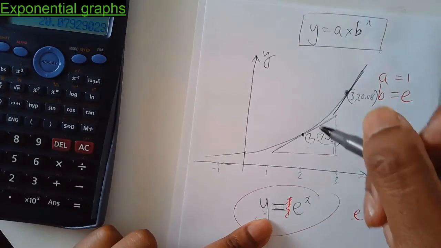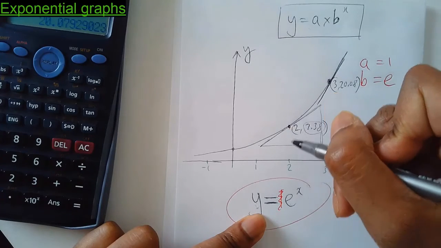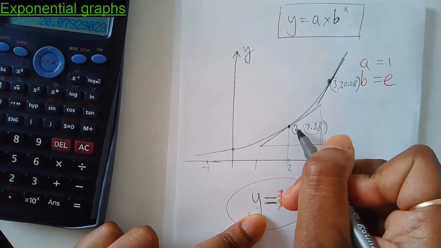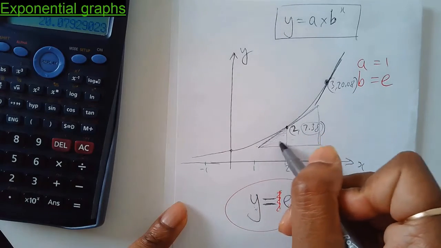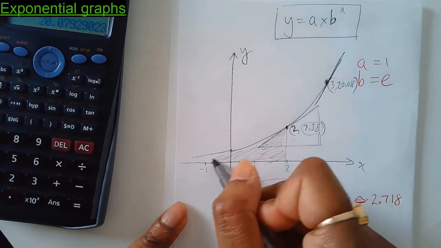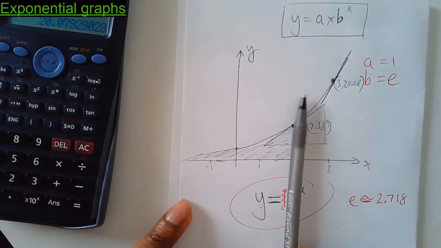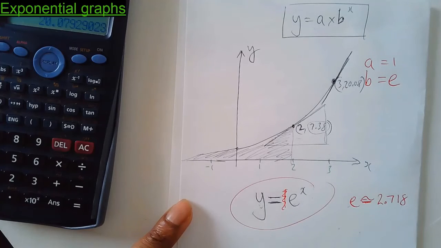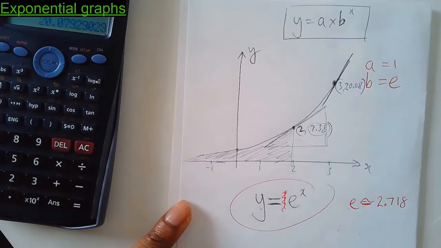One more thing that you need to know is this. If I want to know the area, let's say back to this coordinate now, 2 along the corridor, if I want to work out the area under the graph of everything this way, all the way to minus infinity, everything on the left hand side of 2, the area under that graph also happens to be 7.38.